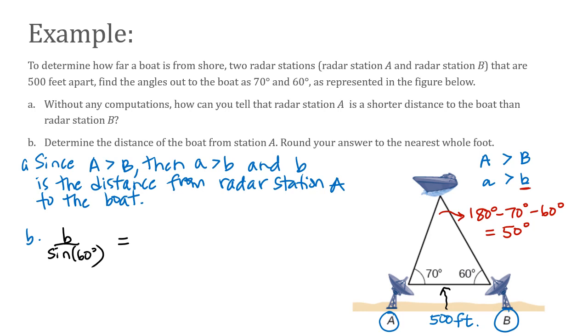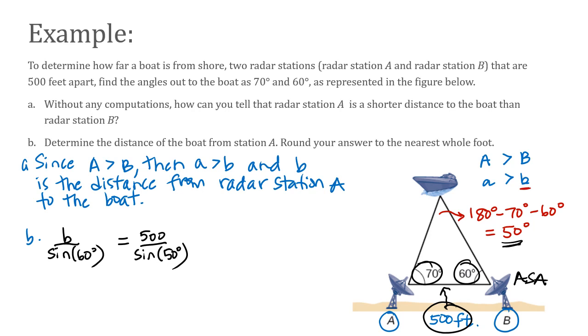So I'm going to set this b over the sine of 60 degrees equal to 500 over the sine of 50 degrees. So what was given to me in this one was the angle, then a side, and then an angle. Angle, side, angle. And we know angle, side, angle, we can use the law of sines. We just had to do one extra step to find that third angle.